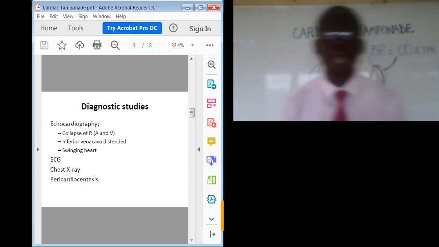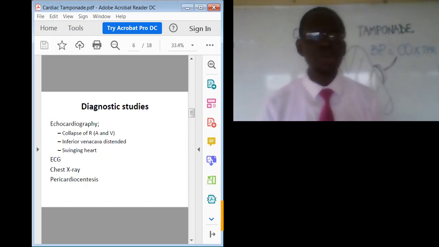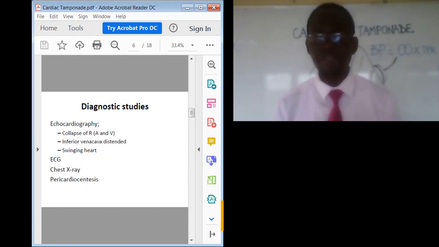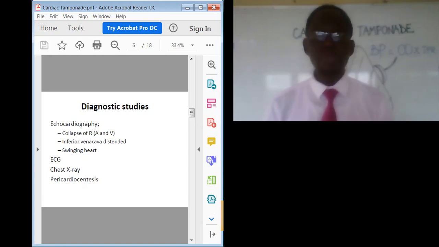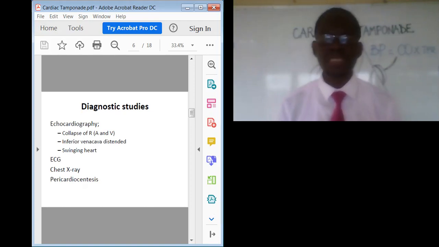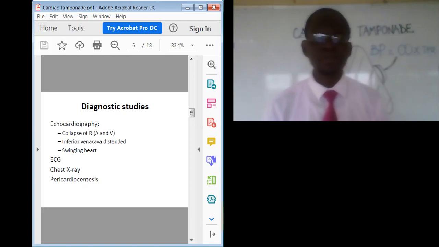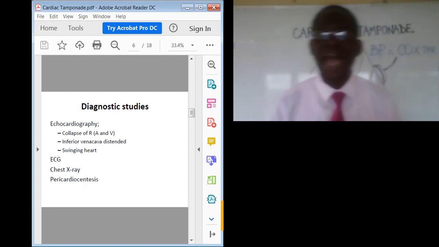Now, how do we diagnose cardiac tamponade? We usually do echocardiography, which is like the ultrasound of the heart, and usually we see collapse of the right atria and ventricles, and the inferior vena cava is distended, and the heart is swinging.